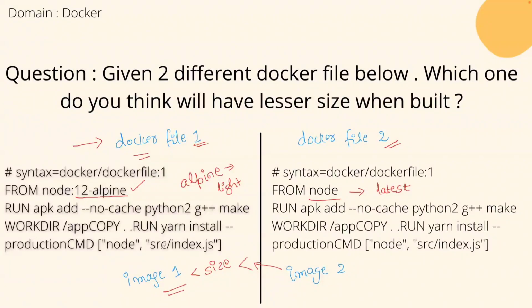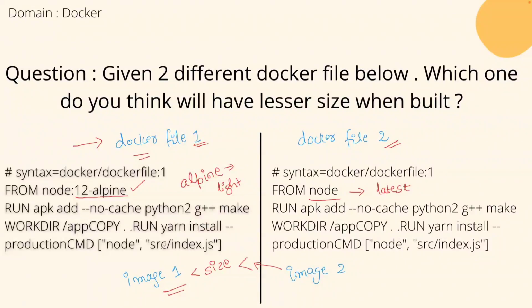Now, how would you present this in the interview? This is how you can present it. Based on the Dockerfiles I see, there is one major difference I observe. In Dockerfile 1, we are using Alpine, whereas in Dockerfile 2, we have not mentioned anything, which means we are pulling the latest. As the definition goes, an Alpine image, that is an Alpine operating system, is always a lightweight operating system based on which we can build our Docker image further.